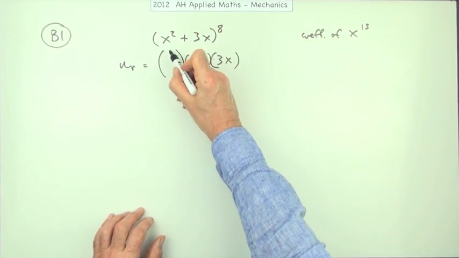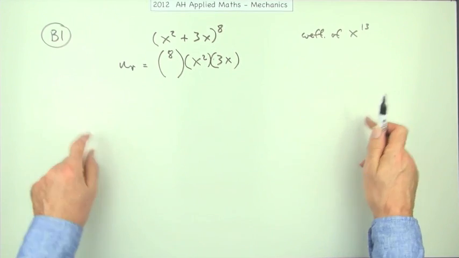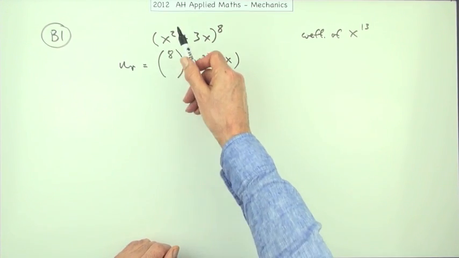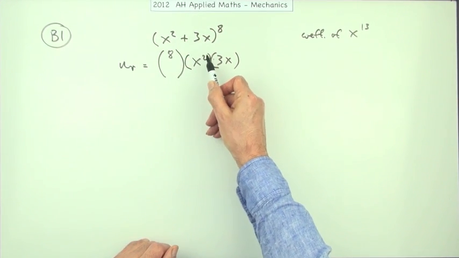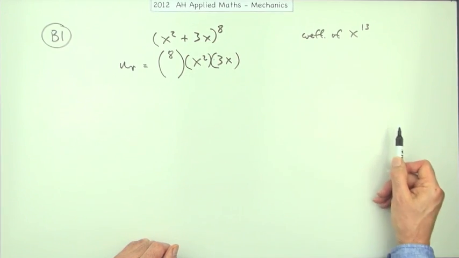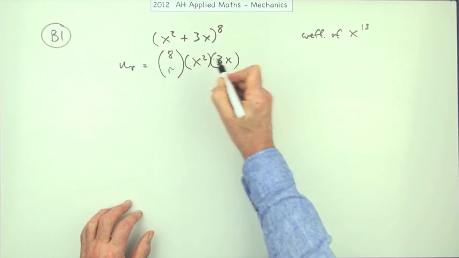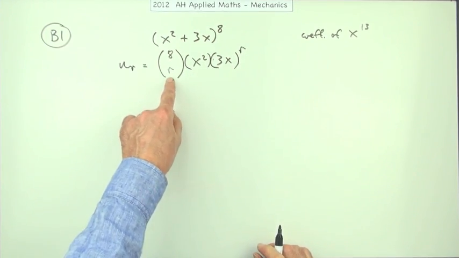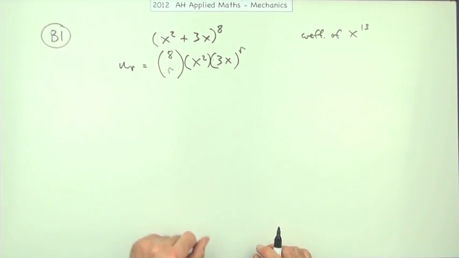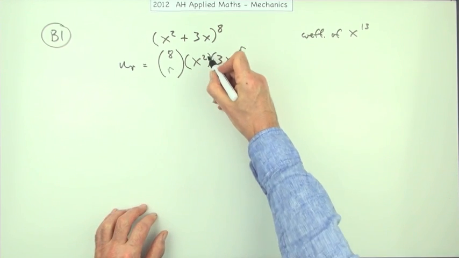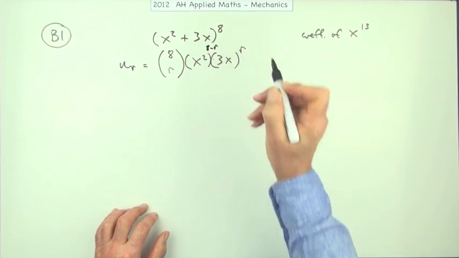It's power 8. There's going to be 9 terms altogether. So that this first term would start with power 8 and work its way down to 0, and this second one would start at 0 and work its way up. So let that be the counter. R works its way up from 0 to 8. 9 terms. This would start at 8 and then have to drop by that amount.